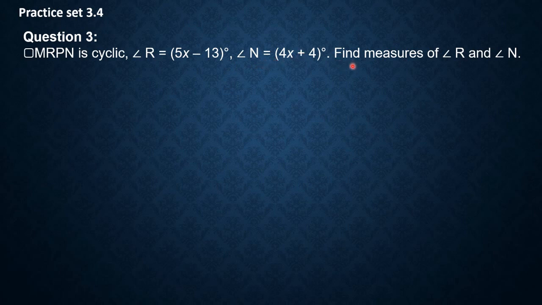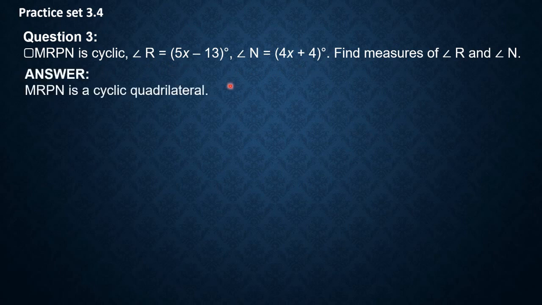We have to find the measures of angle R and angle N. The measures of angle R and angle N are given in the form of an equation. So we need to use the condition that quadrilateral MRPN is cyclic to find the measures of angle R and angle N.